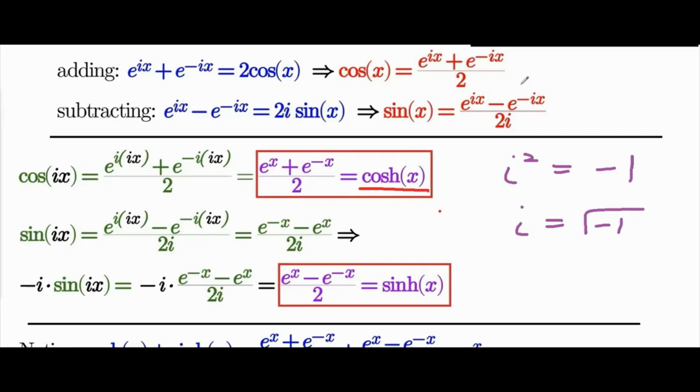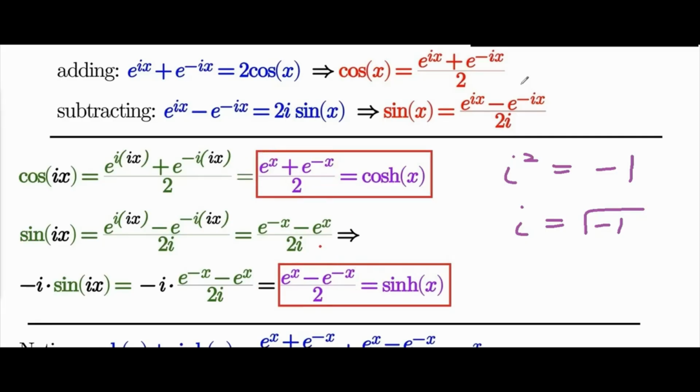Otherwise known as cosh. People will tend to say cosh x instead of hyperbolic cosine of x because it's such a long thing to say. If you do the same thing here with sine, the same thing happens, and so you go from this to this. And then one other thing we do: the cool thing about cosh and sinh, hyperbolic cosine and hyperbolic sine, which people call sinh, is that they're totally real.